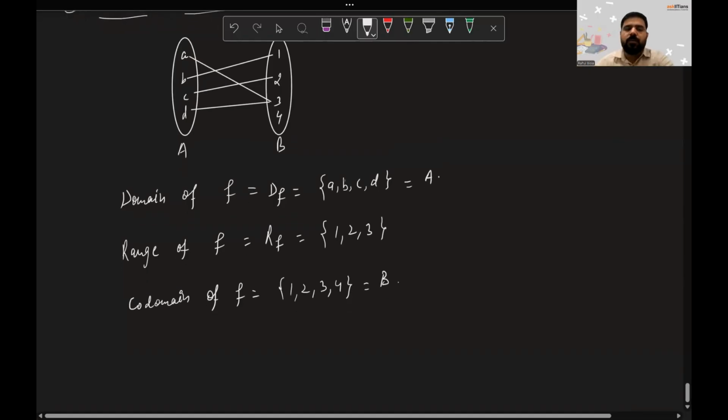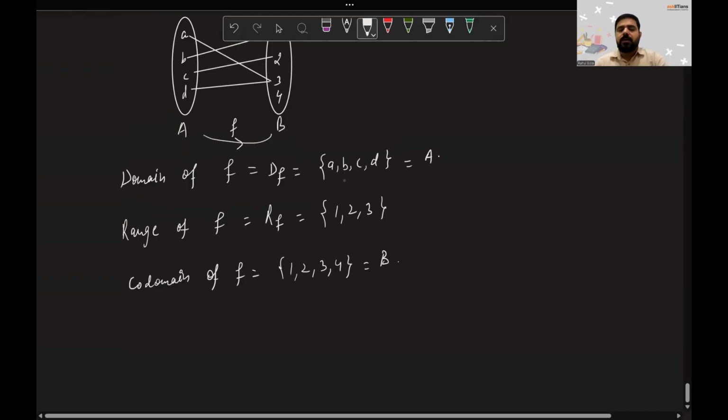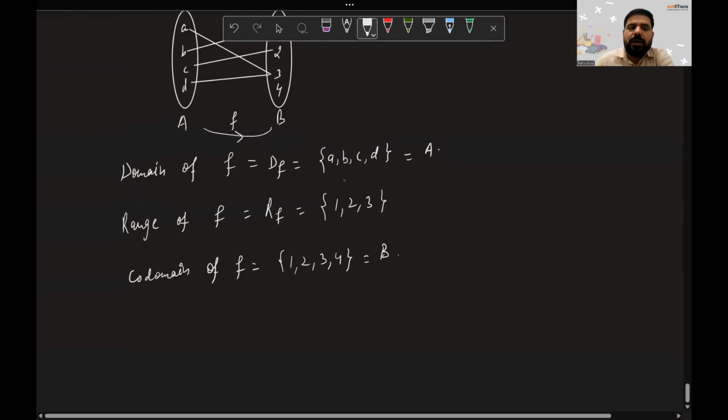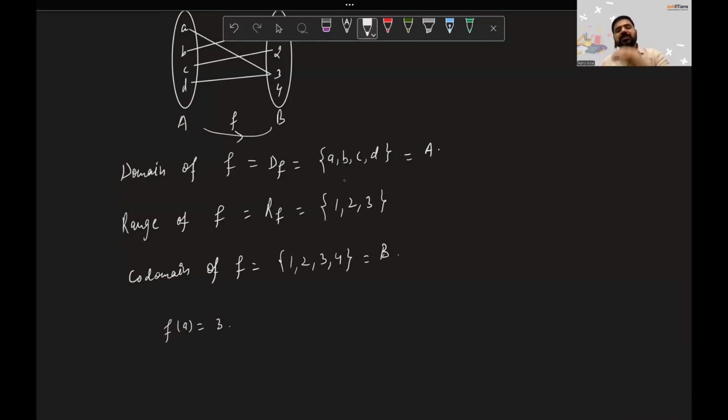Right? So what I can say is there is a function f defined from set A to set B, such that when you input A, you are getting 3. That means f of A is 3. So here, the image of A is 3. We write this as image of A is 3.